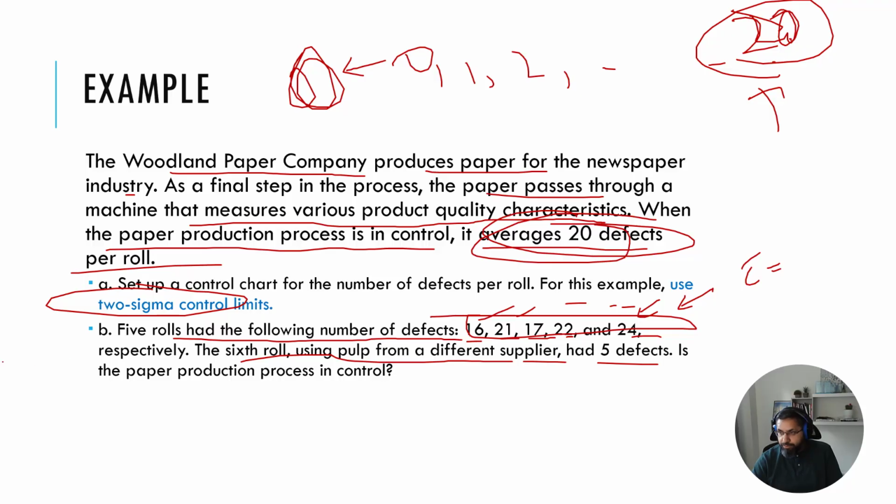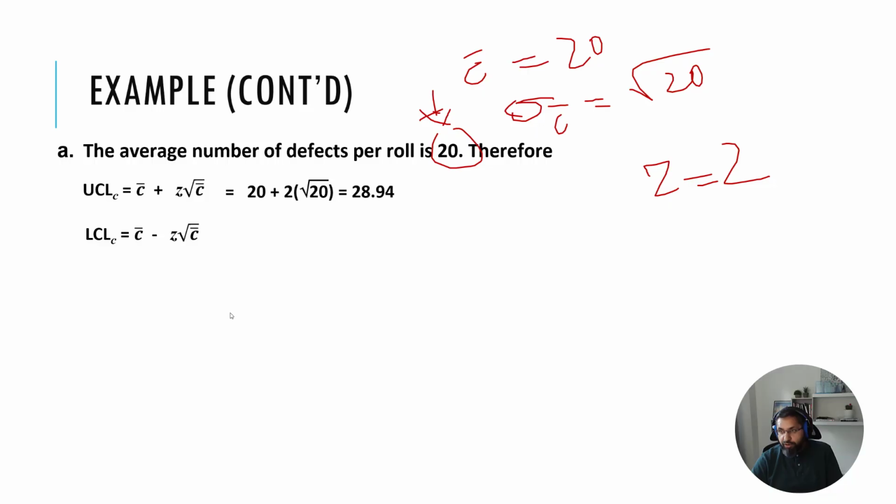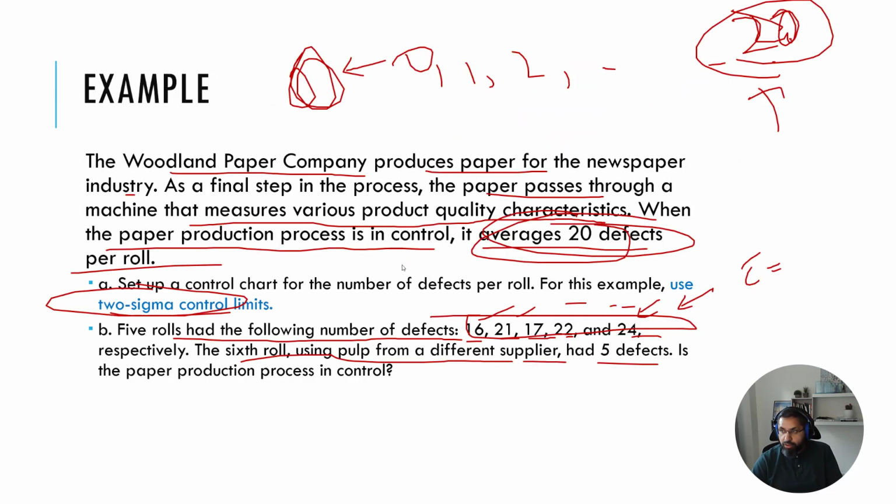So then we can find our upper and lower control limits. The upper control limit will be the average number of defects per roll, 20, plus Z of 2 times the square root of 20, which is sigma C bar. So we get 28.94, and the lower control limit is going to be 20 minus Z times the standard deviation, 11.06.